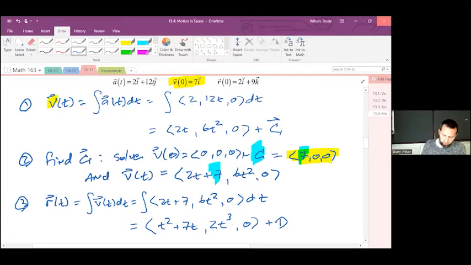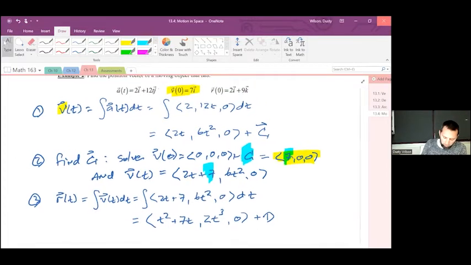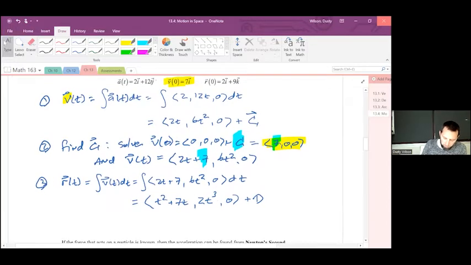All right, step 4, we need to find that d. And so we remember that we have r of 0 equals 2i plus 9k. And so in step 4, we want to find the d vector.